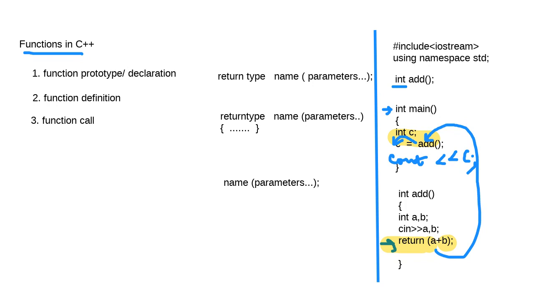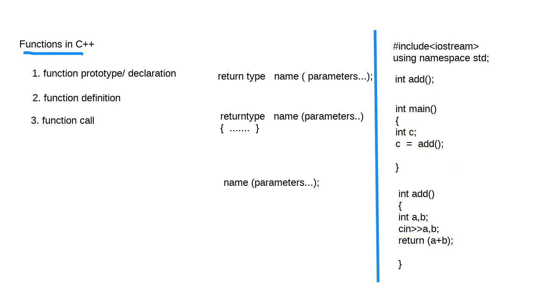Okay, anyway, now coming back, another type here is, right, the next one, which is without any return type and with parameters.